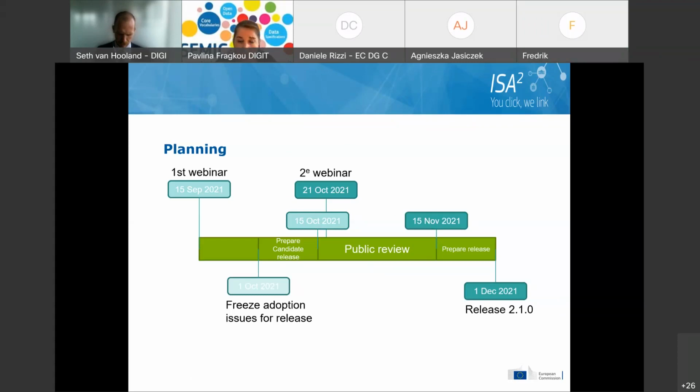Now the intention is to resolve issues so that they can be included in the final release. Until the 15th of November, we are going into a public review process, so that from the 15th of November until the 1st of December, we can prepare the official release. Just a small request, please mute your microphones while attending.